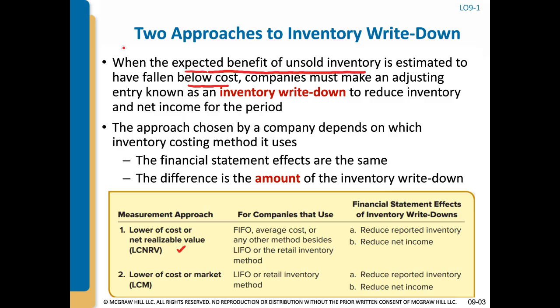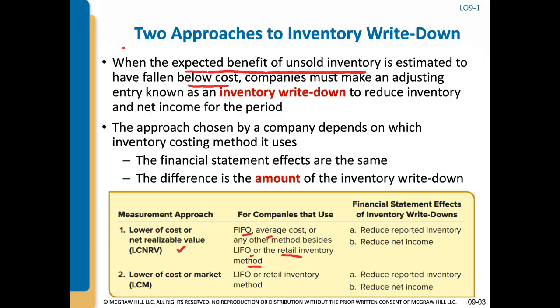And that is used when companies use FIFO, average cost, and basically any other method besides the LIFO method or the retail inventory method. And we'll go into retail inventory methods in later videos.